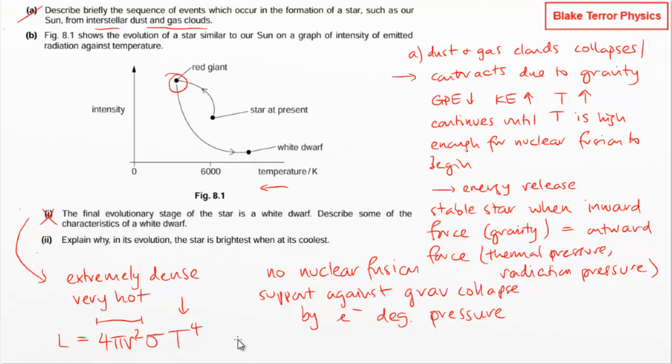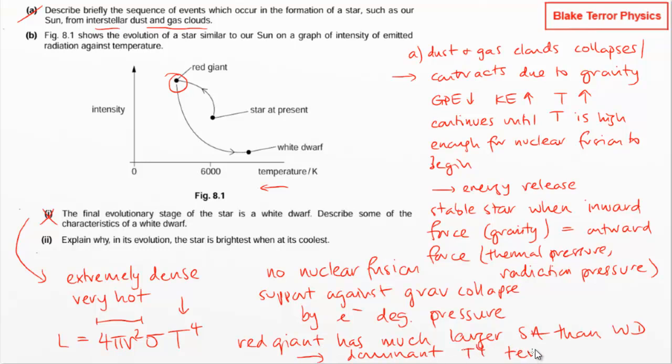So we can say that the red giant has a much larger surface area than the white dwarf. And this is dominant compared to the T to the 4 term.